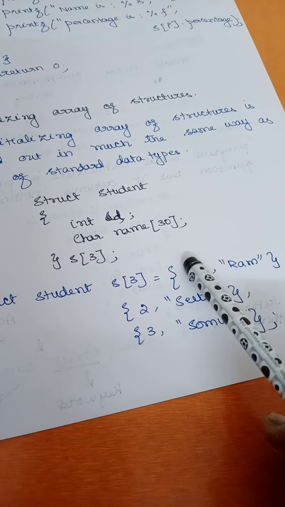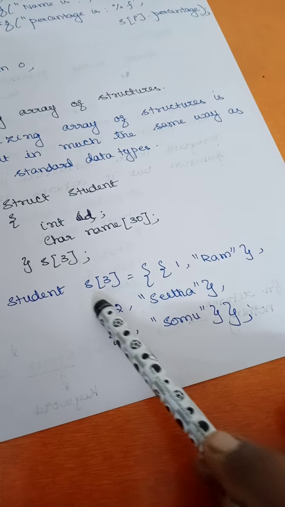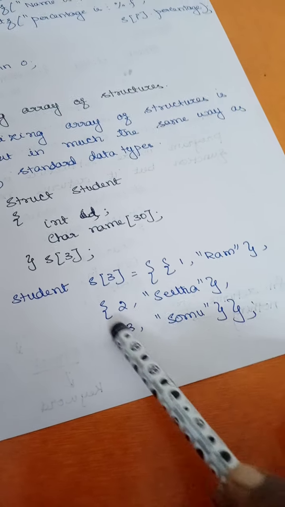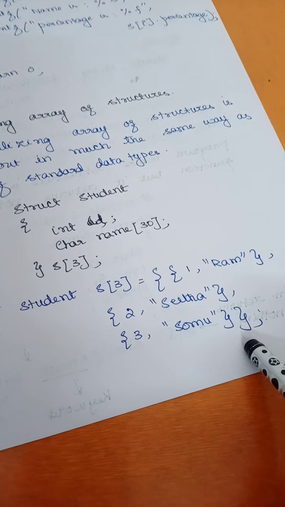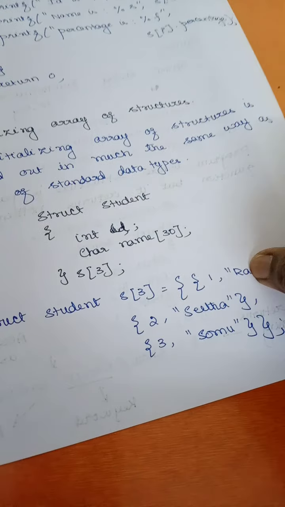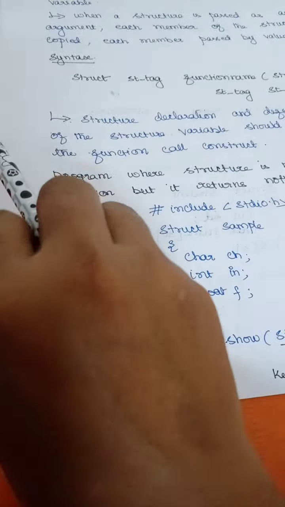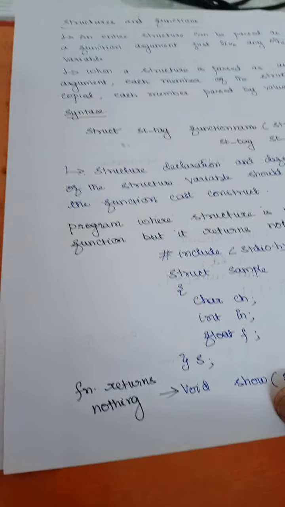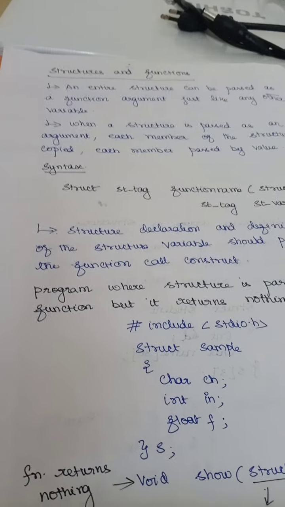So I can do the initialization like this: for each structure I have curly braces, then a comma, and then again curly braces, comma, and finally one curly brace enclosing everything. Is that clear? This is like a usual array initialization.